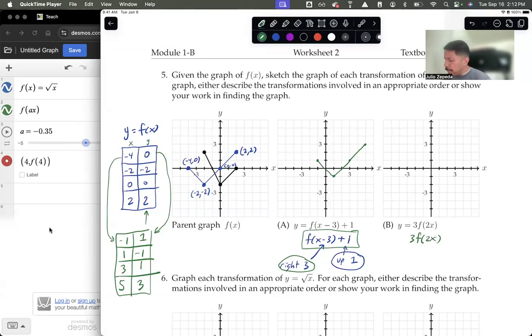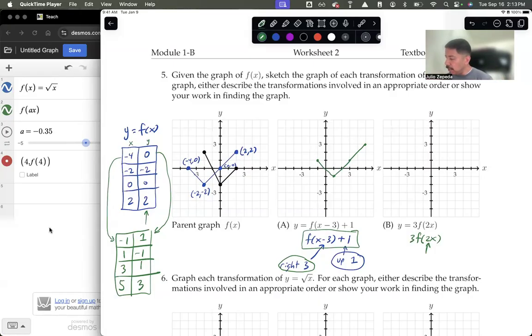Well, when we multiply inside of the function by 2, that's a horizontal transformation. Multiplying by a factor of 2, we said that's going to be a horizontal compression. And since it's compressing, it's going to divide all of my x values by 2 to half of their size.